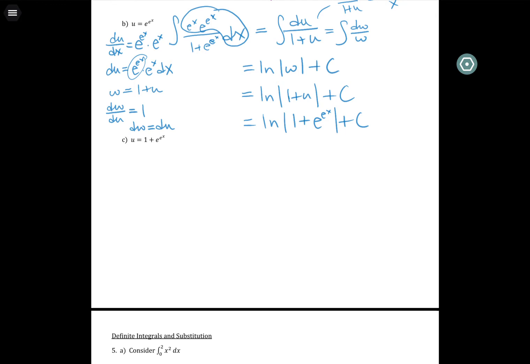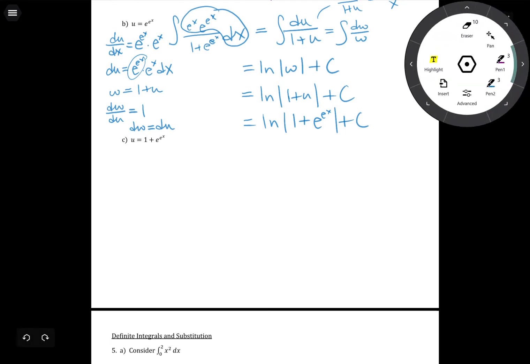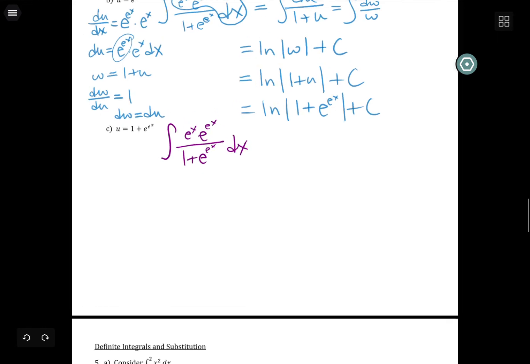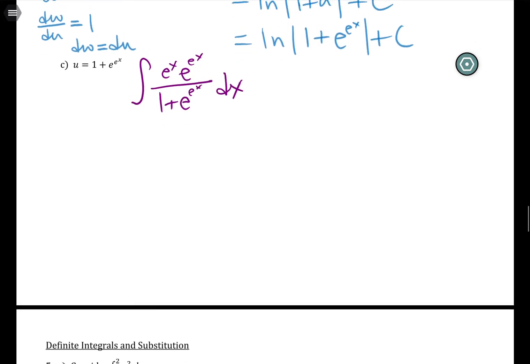So again, let me rewrite my function. Here, I'm going to switch colors. So we have an integral of e to the x times e to the x over 1 plus e to the x dx. Okay, and we are supposed to, this time, substitute out the entire denominator.